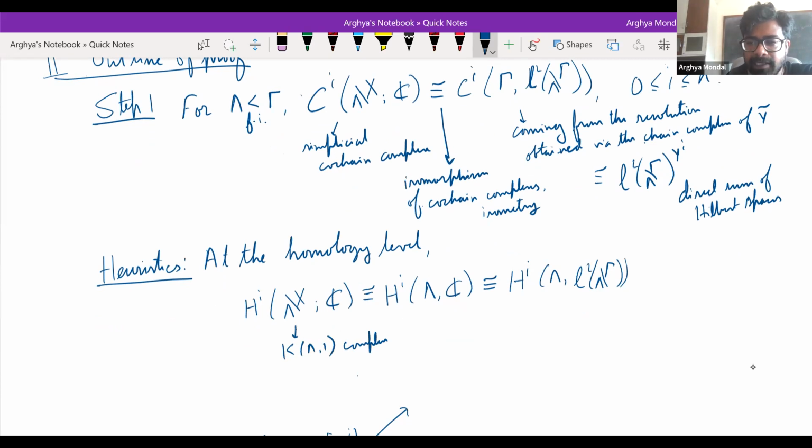And that is, by Shapiro's lemma, equal to the group cohomology of Γ with the co-induced representation, but co-induction from C is the same as L2(Γ/Λ).